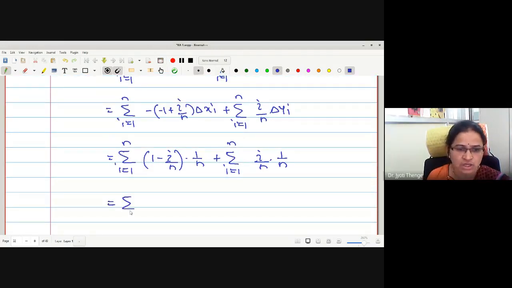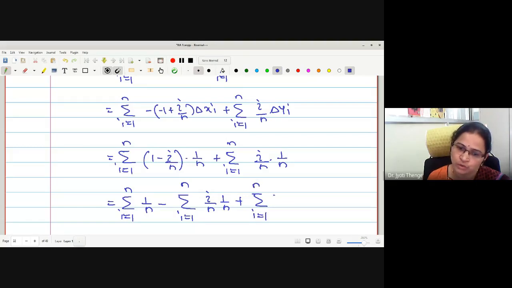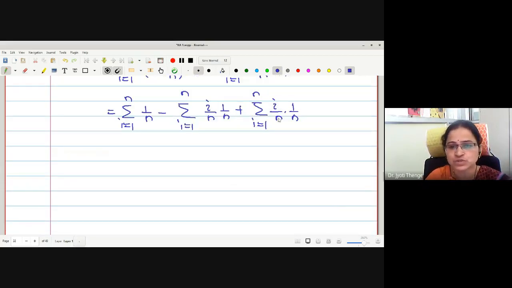This is summation i equals 1 to n 1 by n, minus summation i equals 1 to n i by n into 1 by n, added with summation i equals 1 to n i by n into 1 by n. If we observe, these two summations are exactly the same. One is with negative value, another one is with positive value. Therefore, these two terms are going to cancel one another, and we are left with summation i equals 1 to n 1 by n.